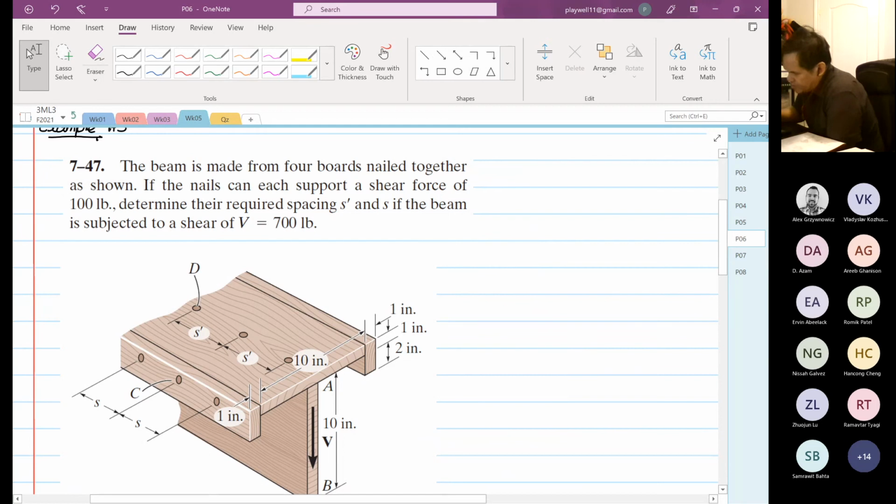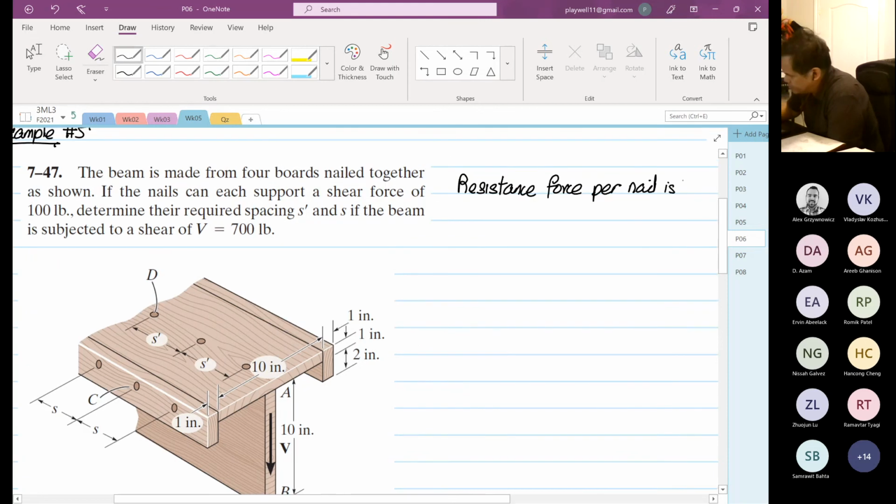If the nail can support a shear force of 100 pounds, so the resistance force per nail is 100 pounds. Now, given that V, the shear force, is equal to 700 pounds, we have to find the spacing S and S prime.